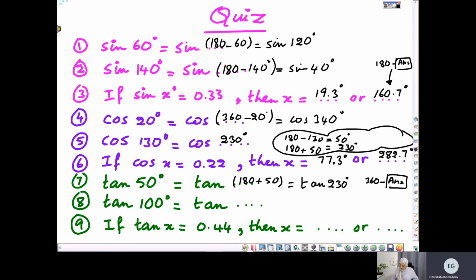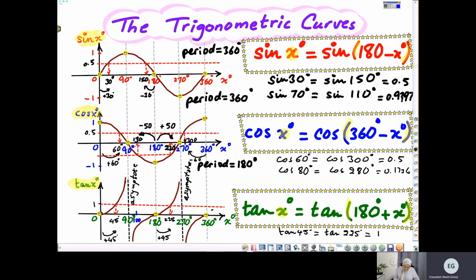It's obtuse. Here we can deduce it from the curve. Where is the location of 100? Tan 100 will be a negative value. Then you hit the curve and take a horizontal line.